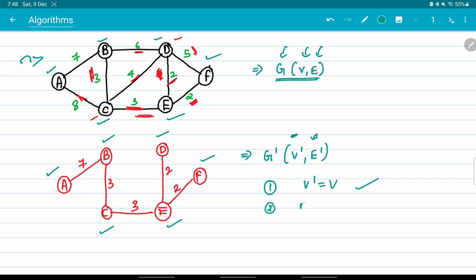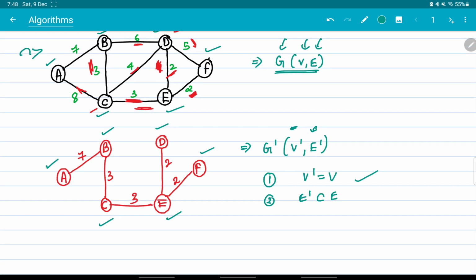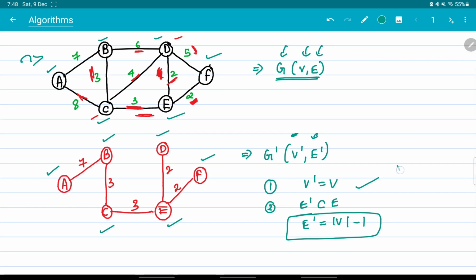The second one is that the edges of your minimum spanning tree are always a subset of the edges of your main graph, right? And there is a formula also for that: the number of edges of the minimum spanning tree is equal to the number of vertices of the graph minus 1. So just now we calculated that the number of vertices in the graph is 6.